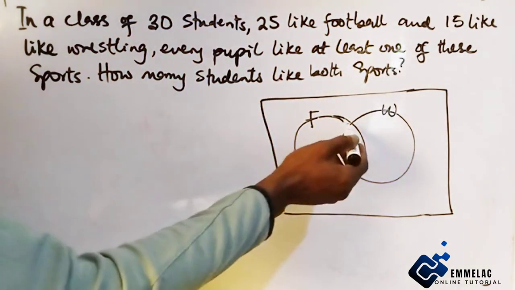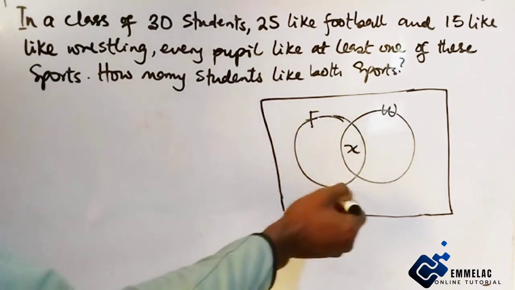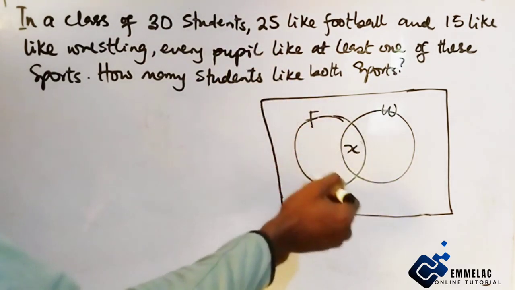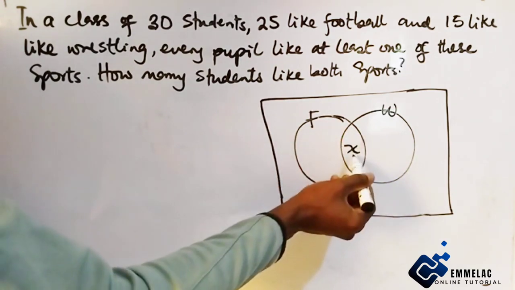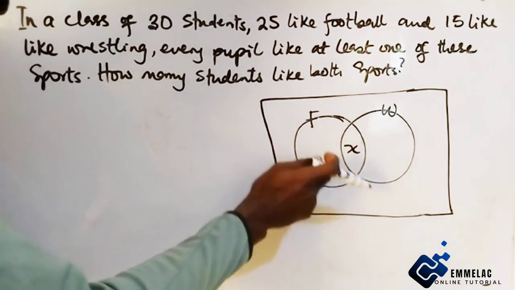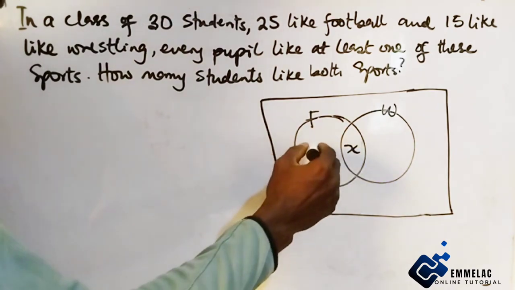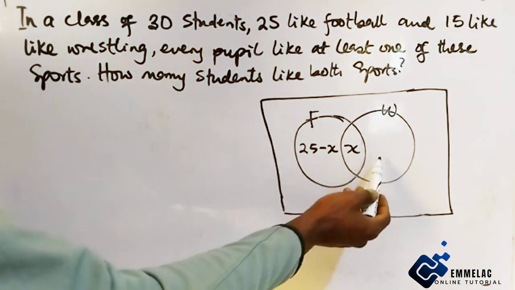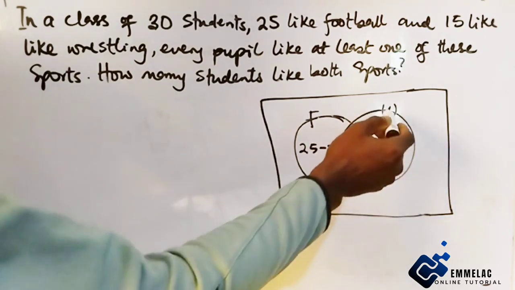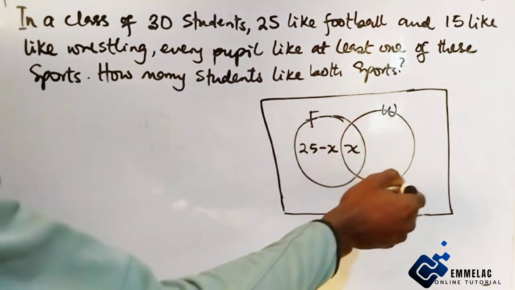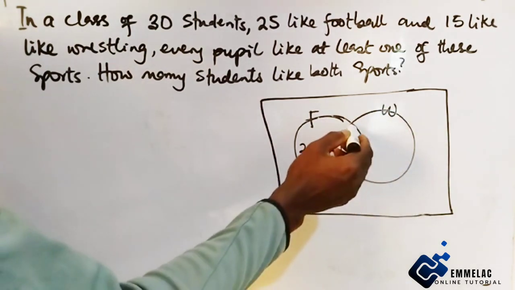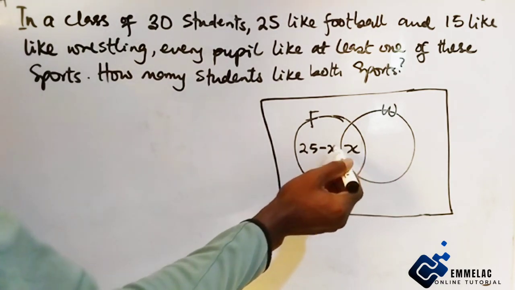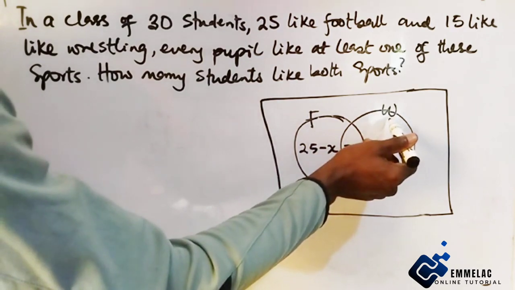Let us take note that the total number of students that like football is 25. The whole circle here is 25, but part of it is X. So the remaining part, which is this, will be 25 minus X. In the same vein, the number of students that love wrestling is 15, so the whole circle is 15, but part of it is X, the students that love both football and wrestling.